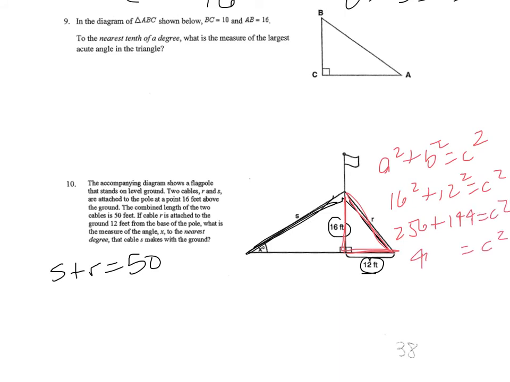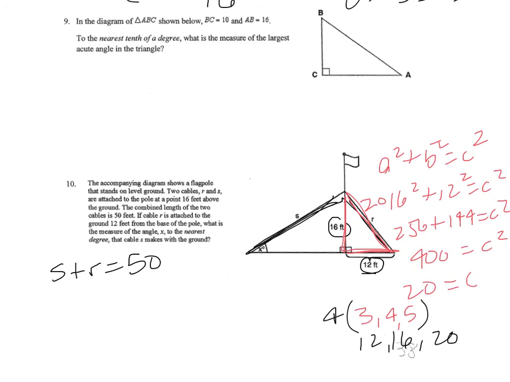C squared equals 400, and c is equal to 20. Now, you could have realized that that was a 3, 4, 5, and just everything was multiplied by 4. So it became a 12, 16, 20. So again, you could either use the Pythagorean theorem or your triplets.